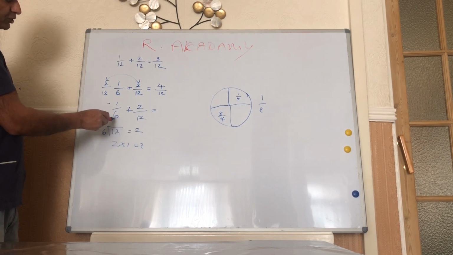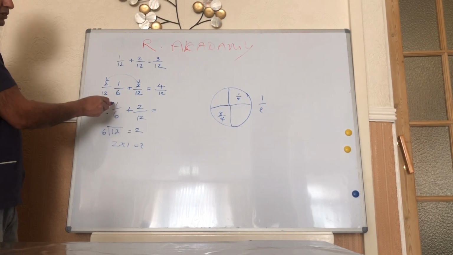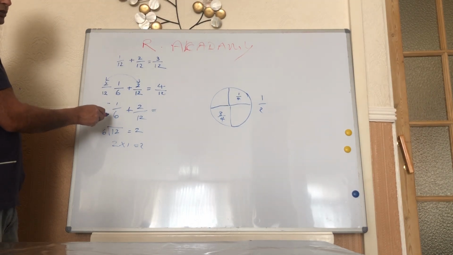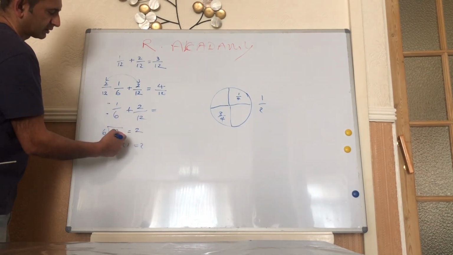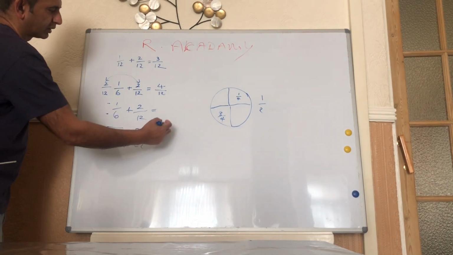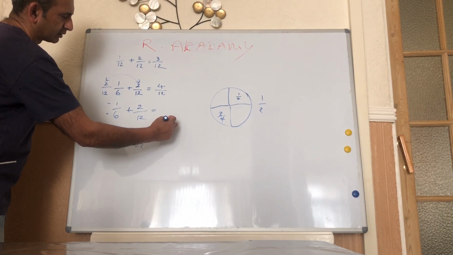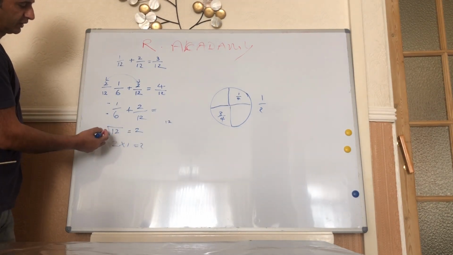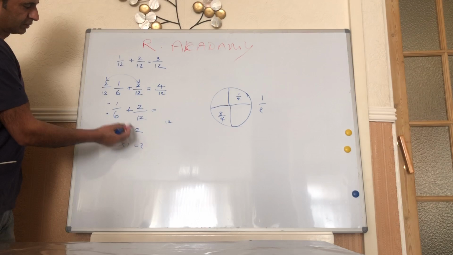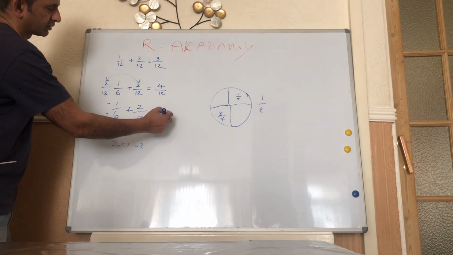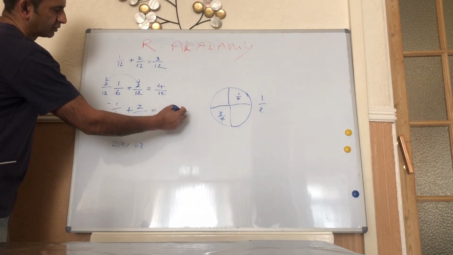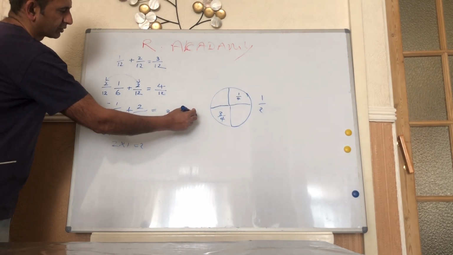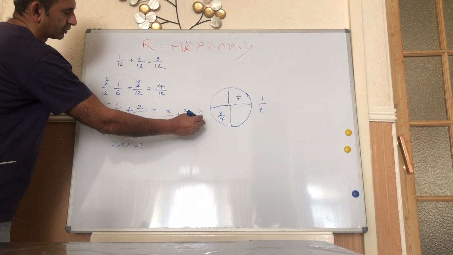But by making the bottom row the same, you have to do something to the top row for this one. Because you've done something to the bottom, so now you have to do something to the top. So it's 6. 6 times 2 is 12. And then 1 times 2 is 2. Plus 2 over 12 equals 4 over 12.